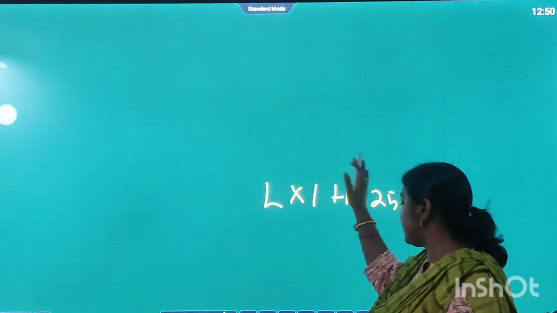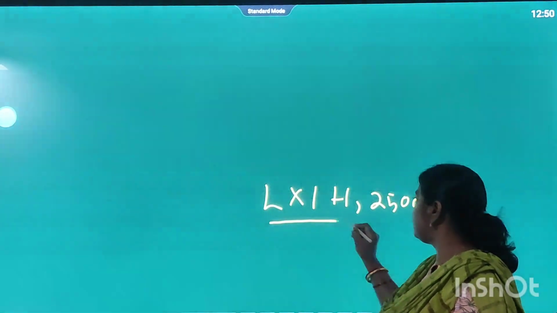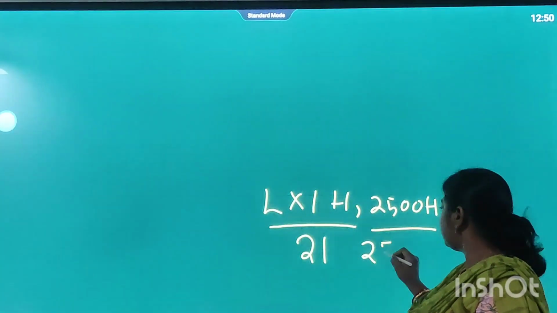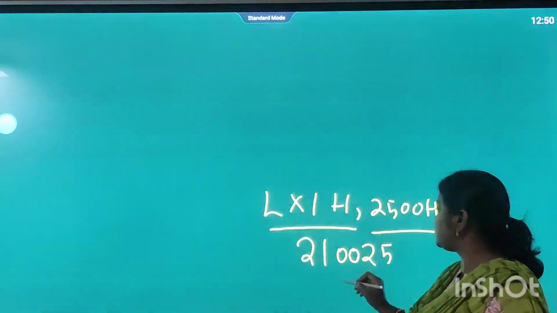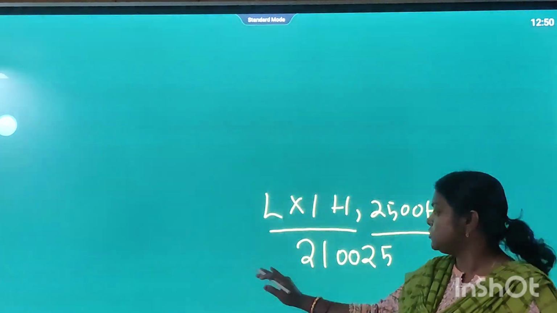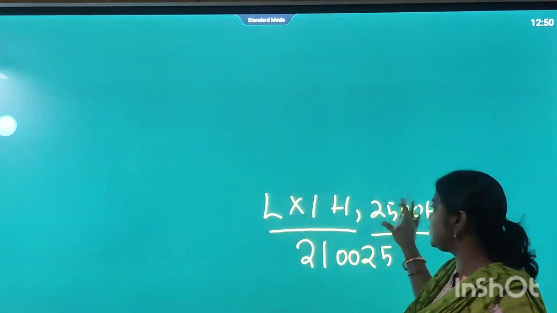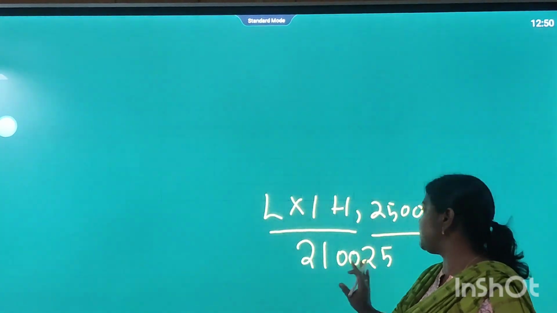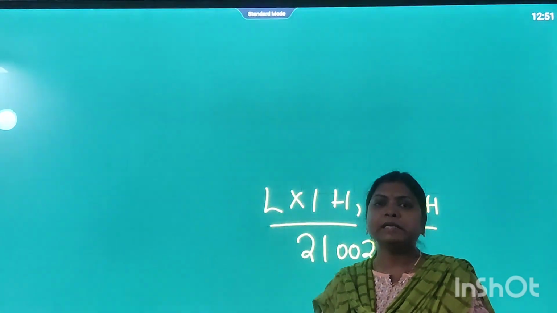So this is a 3 byte instruction. Here the machine code for LXI H is 21, and the address 2500 will be stored as 00 and 25. So as this instruction consists of 24 bits or 3 bytes, this type of instruction is called a 3 byte instruction.